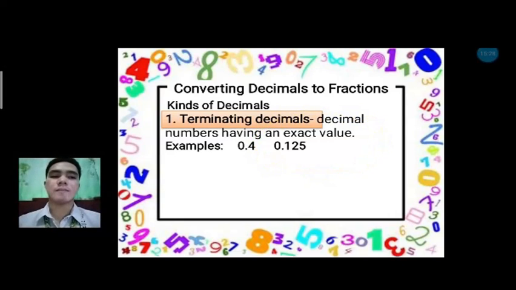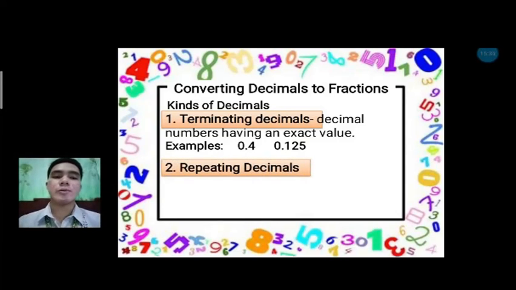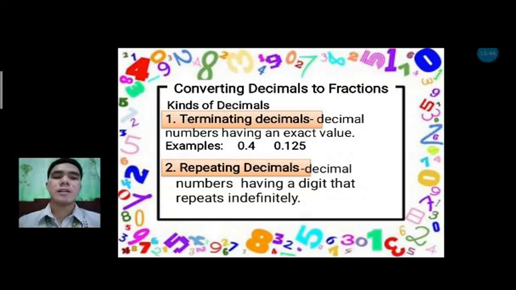Then number 2 is repeating decimals. Here you are able to encounter repeating digits. Those are decimal numbers having a digit that repeats indefinitely, infinitely repeated.